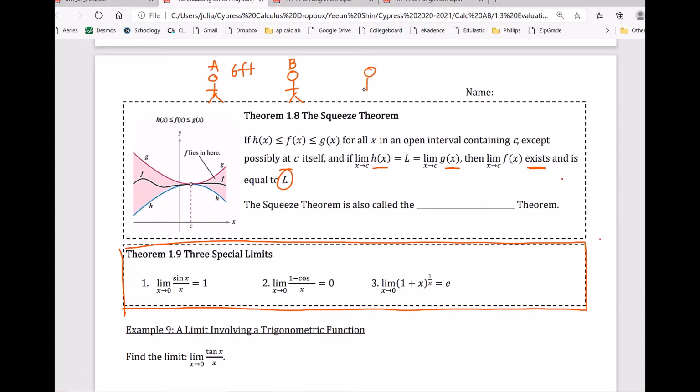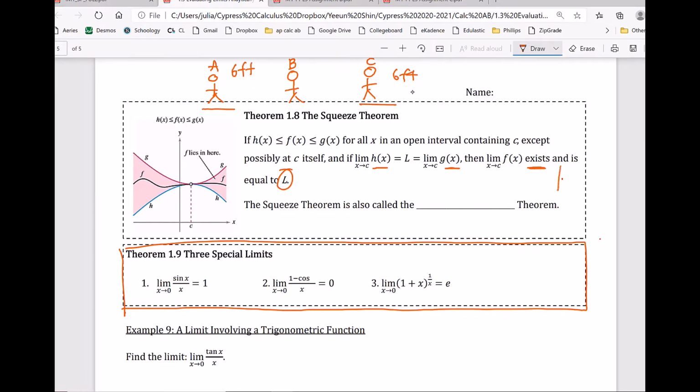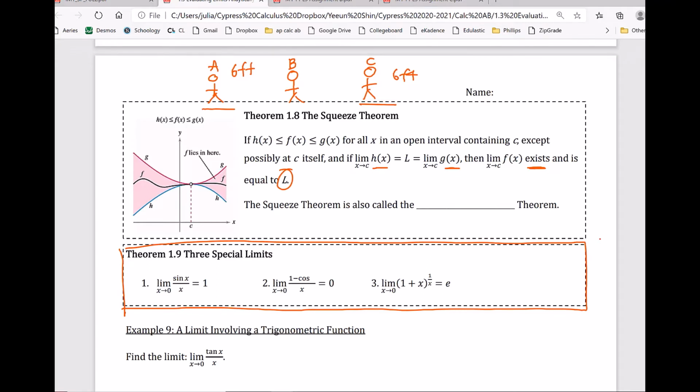Then we have another guy, person C, who is also 6 foot, but he claims, my friend B is either shorter than or the same height as me. Now, if I tell you that person A and person C are telling the truth, what can you conclude about the height of person B? B can't be greater than 6 and less than 6 at the same time. B has to be equal to 6. So we know that person B is also 6 foot.